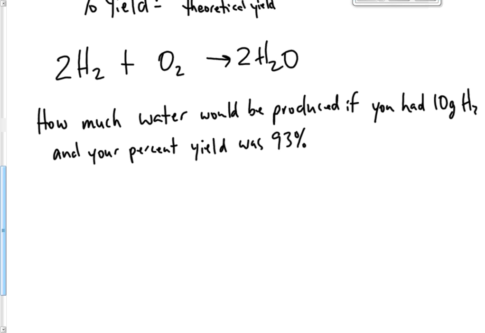Okay, so you're going to have to do a little algebra here, I guess. So how much water would be produced if you had 10 grams of hydrogen and your percent yield was 93%?